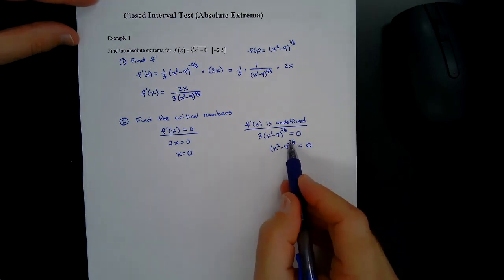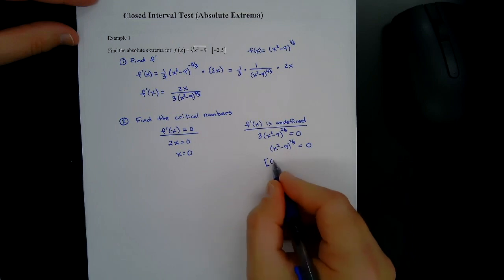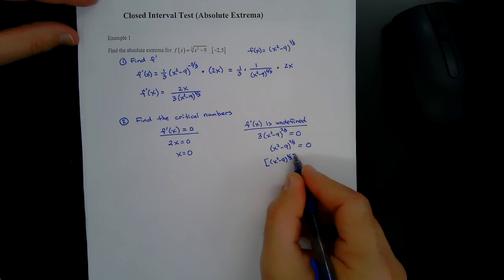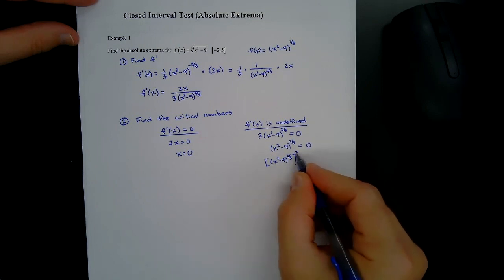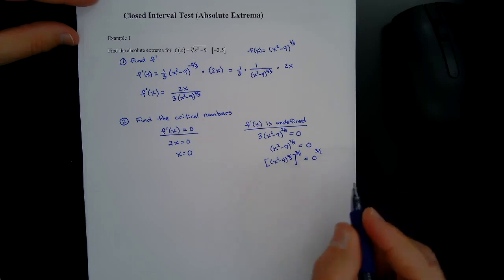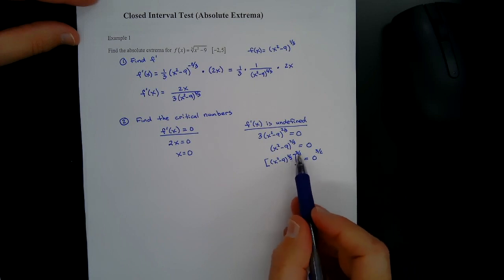And now to get rid of this exponent, I'm going to raise both sides to the reciprocal exponent. So that would look like this, x squared minus 9 raised to the 2/3 power, close the bracket, I'm going to raise that to the 3/2 power, equals 0 to the 3/2 power. And then the exponent rule here is I got to multiply these, so that makes a 1.